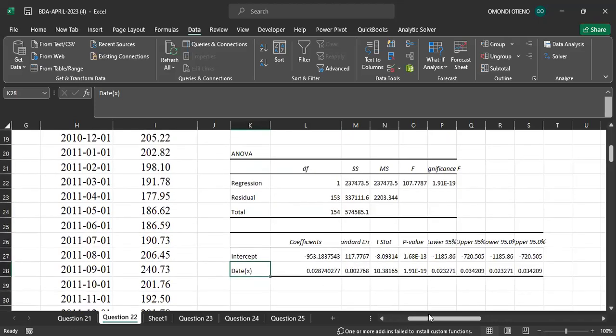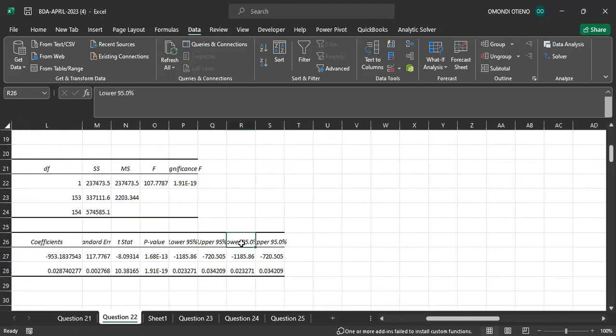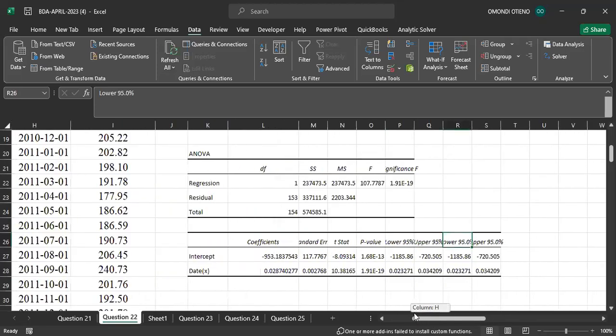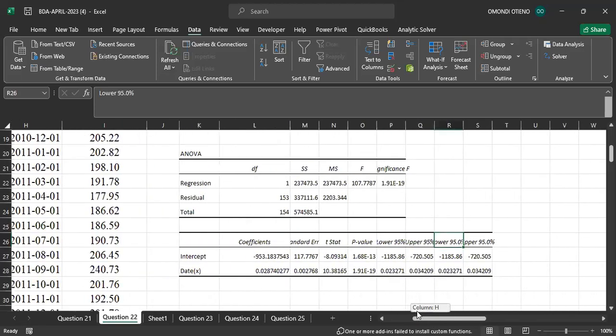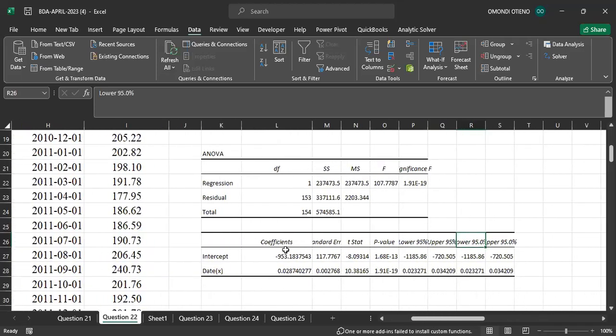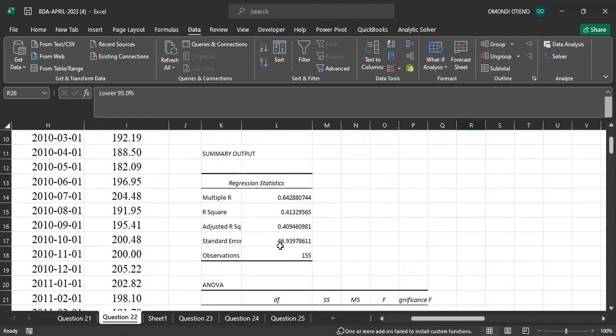Now, you have seen it displays the 95% confidence level, upper level and lower level. What does R square mean? We explained that R square is basically how the independent variable is affecting the dependent variable. Our independent variable, which is the date, is affecting price to an extent of 41.32%.